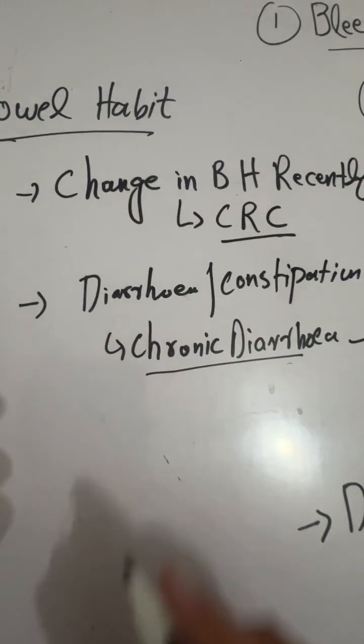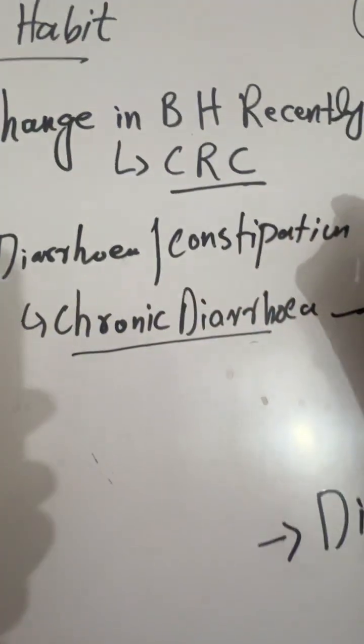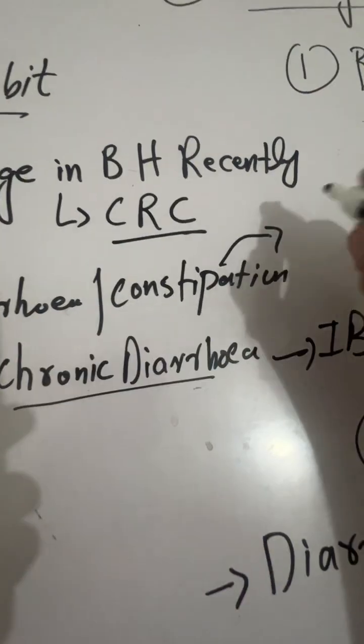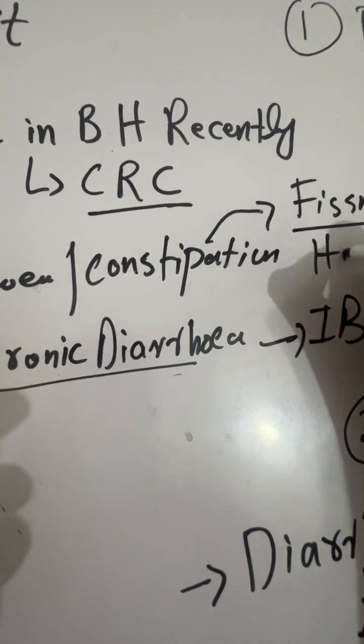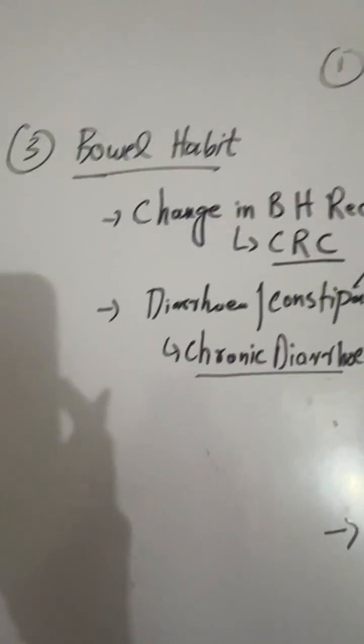If there is a history of constipation or straining, then we will think about fissure or hemorrhoids. So this is about the bowel habit.